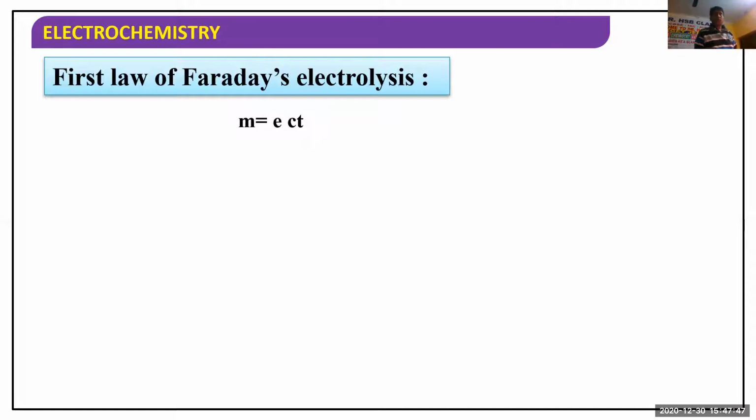See, what is the difference between electrochemical equivalent and equivalent weight? If small e is the electrochemical equivalent, or if we say it is Z, then it will be better. Z equals the electrochemical equivalent.